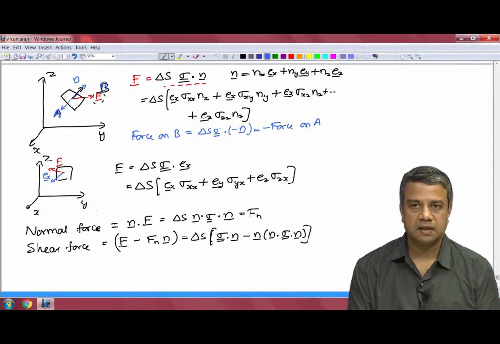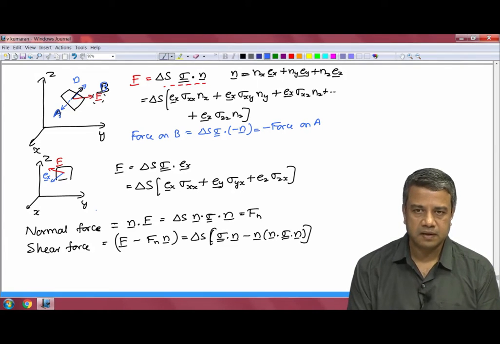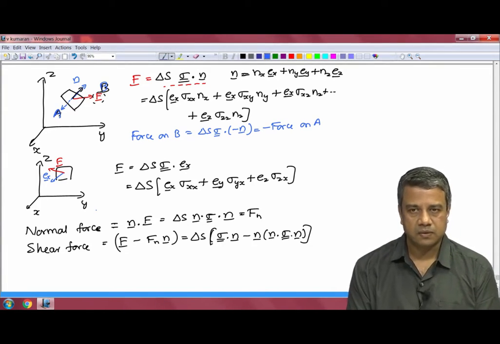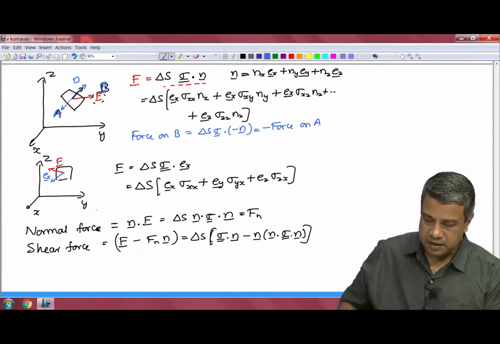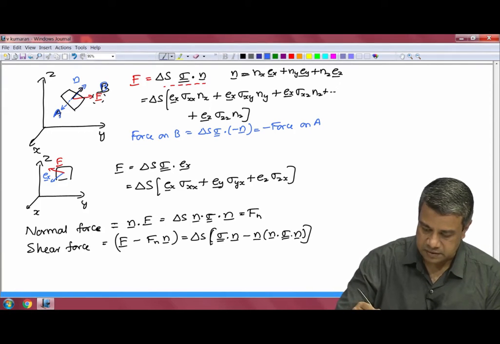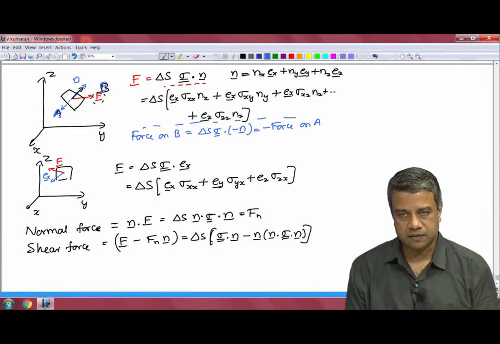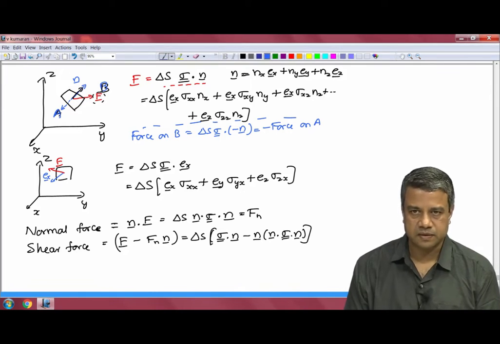When I dot a second order tensor with a vector, I will get a vector, because the second order tensor had two directions, and when I dot one of those directions with a vector, that becomes a scalar, leaving back a vector. And that is the force that is exerted on the surface. Sigma dotted with n is the force times delta s, of course, because sigma is a force per unit area.